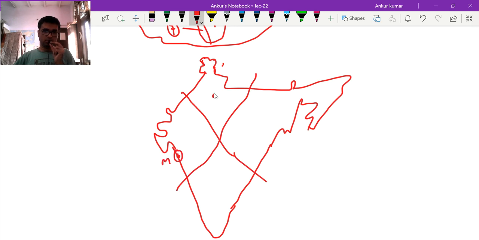Let us say this region is the Delhi metropolitan region, the shadow effect of Delhi is present there. This region is the Kolkata metropolitan region. Okay, and let us further divide this region here. This region is the Chennai metropolitan region, and here the Hyderabad effect, and here the effect of the Bangalore metropolitan region. But this sub-metropolization is also happening in the form of the evolution of secondary cities.